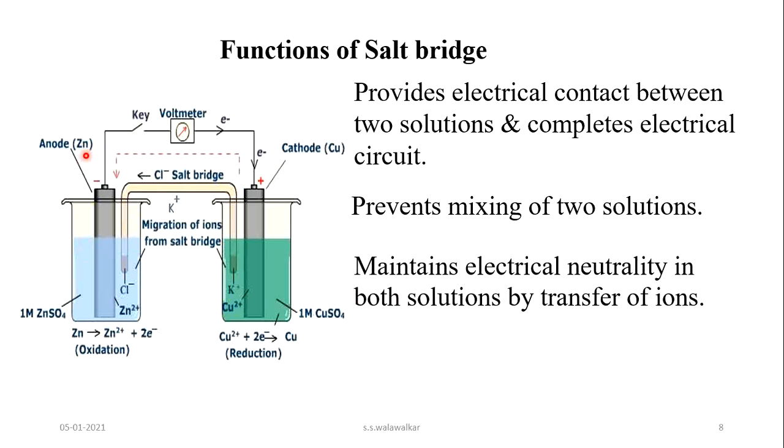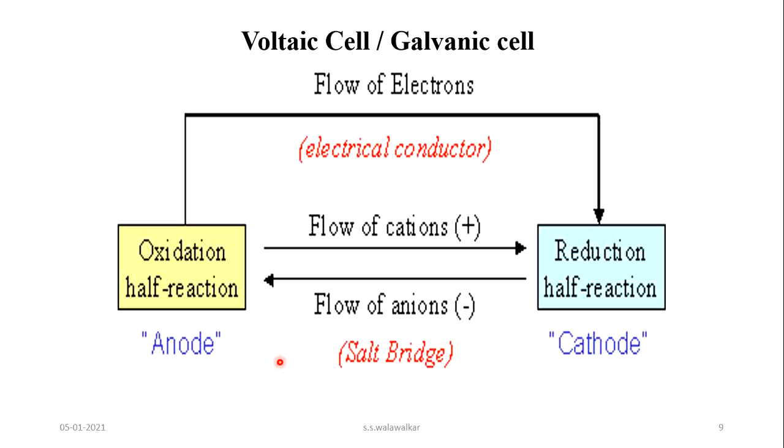And you know that at the anode oxidation takes place: zinc loses 2 electrons and forms zinc ions, and at the cathode copper ions accept these electrons and get deposited as copper, that is, reduction takes place. Like this the voltaic cell or galvanic cell works. The oxidation half reaction takes place at the anode, and the reduction half reaction takes place at the cathode.